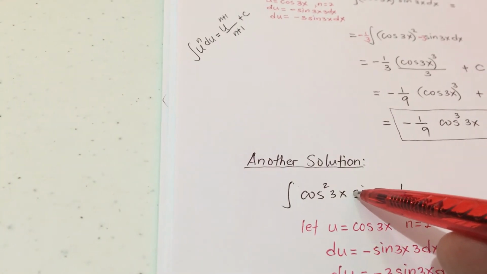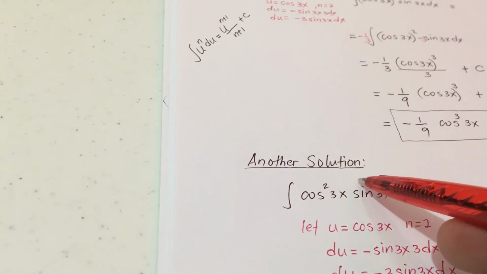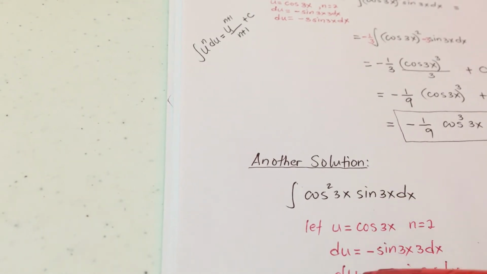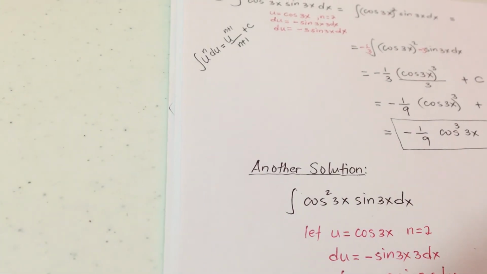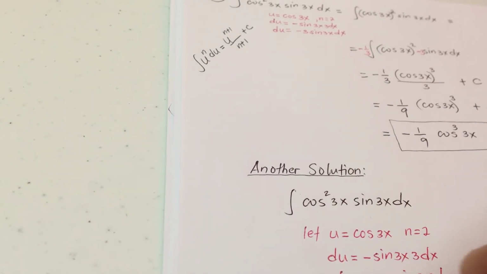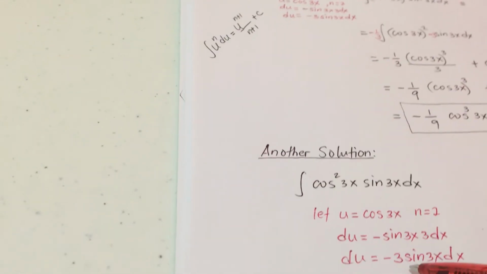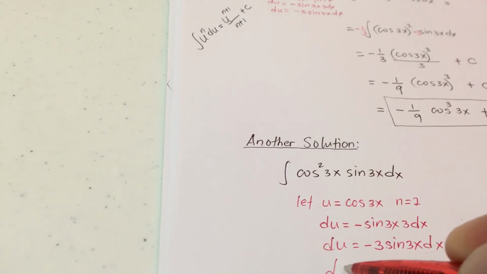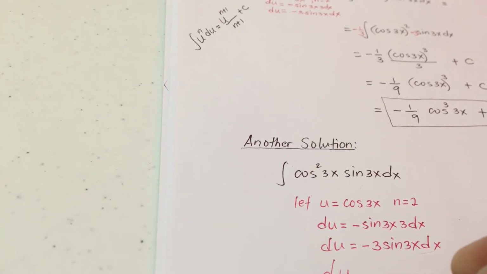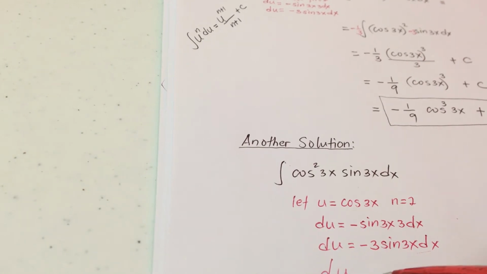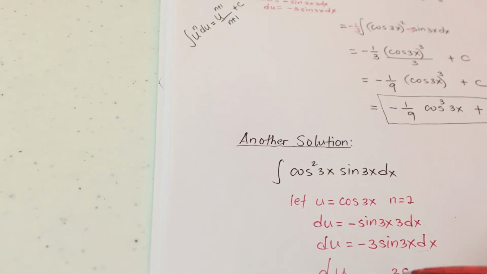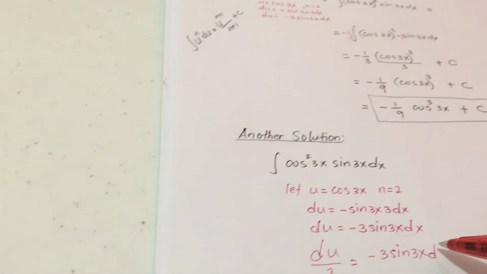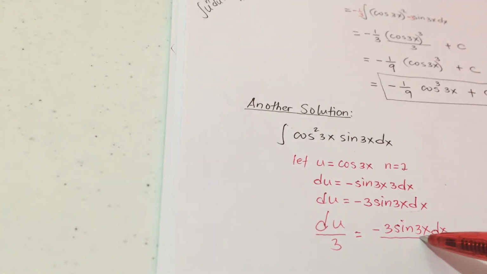What I mean is we need to express the original part of the integral in terms of our du. So we have to divide both sides by 3 from this equation. So du divided by 3 equal to minus 3 sine 3x dx, divide this by 3 also.